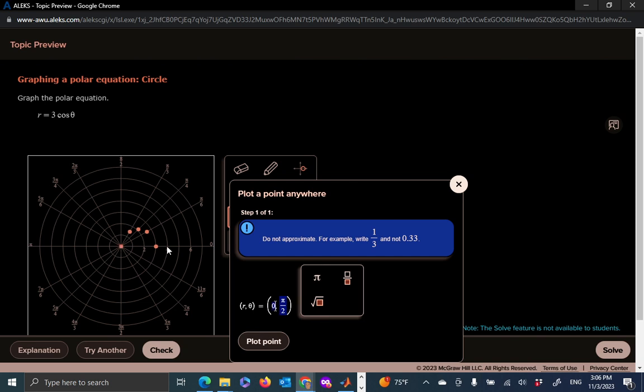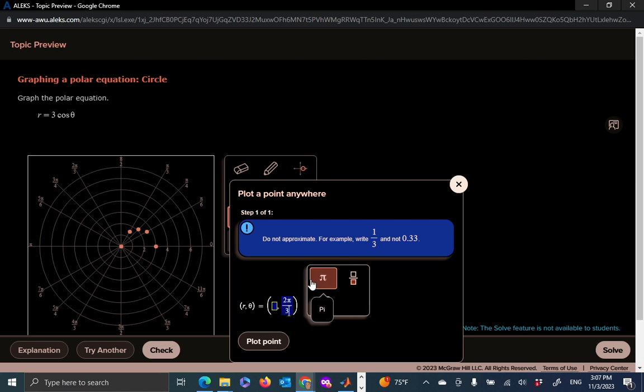So far we have gone from 0 to pi over 2, and we have gone through half of the circle. If I continue, let's for example go to 2 pi over 3. Another point, let's choose here, 2 pi over 3.